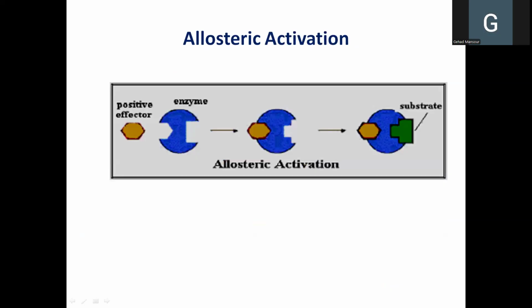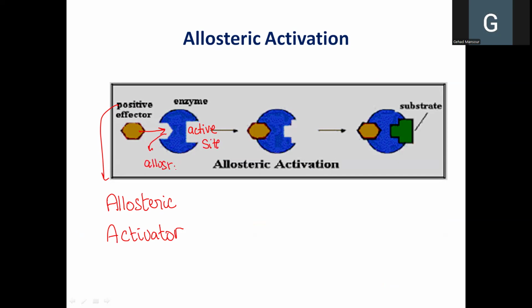On the other hand, as we said before, the effector might be a positive effector. A positive effector means an allosteric activator. Again, why did I call it an allosteric activator? Because the enzyme has two sites. The first site is the active site, and the second site is the allosteric site.